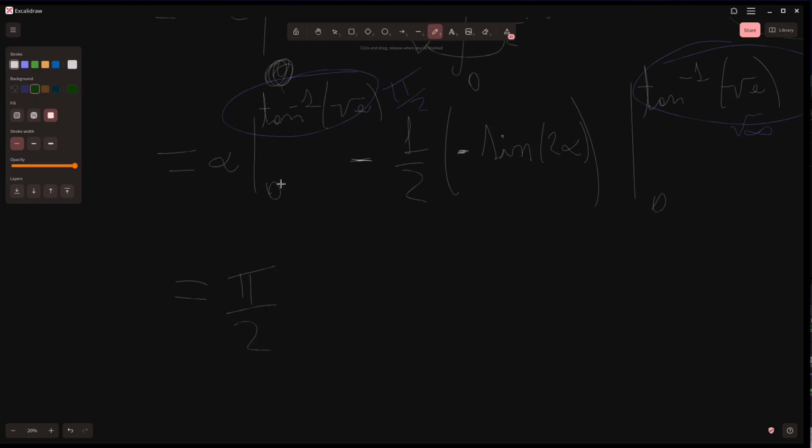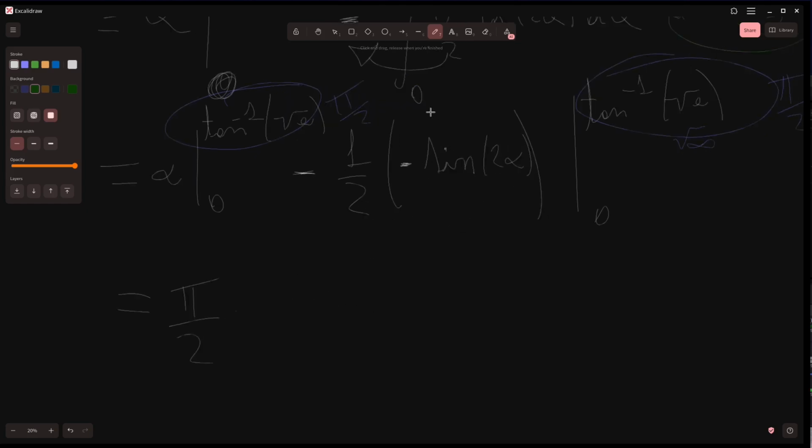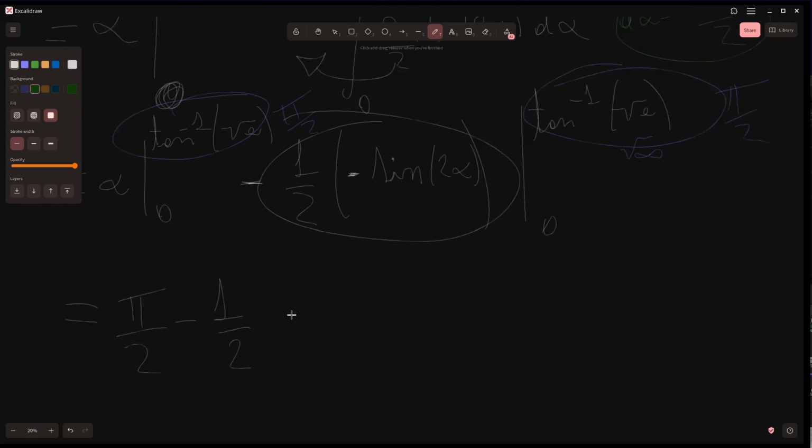This is pi over 2 minus 0, and this is minus 1 over 2 times minus the sine of 0, which is 0, and then the arctangent of infinity, which is pi over 2, and the sine of pi over 2 is, let's see, this angle over here, should be 1.